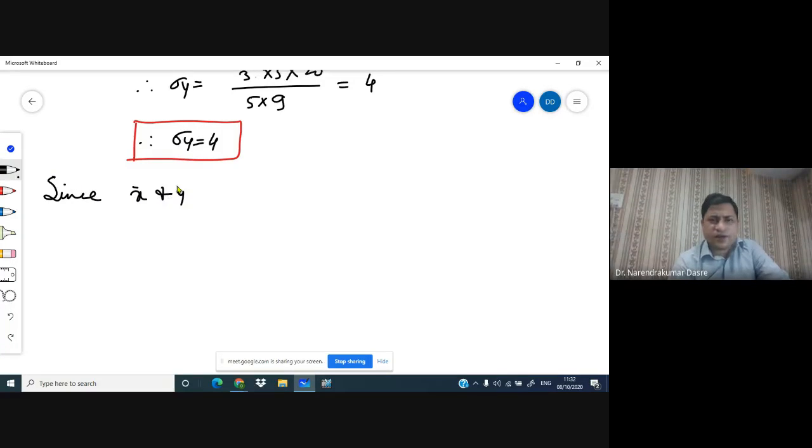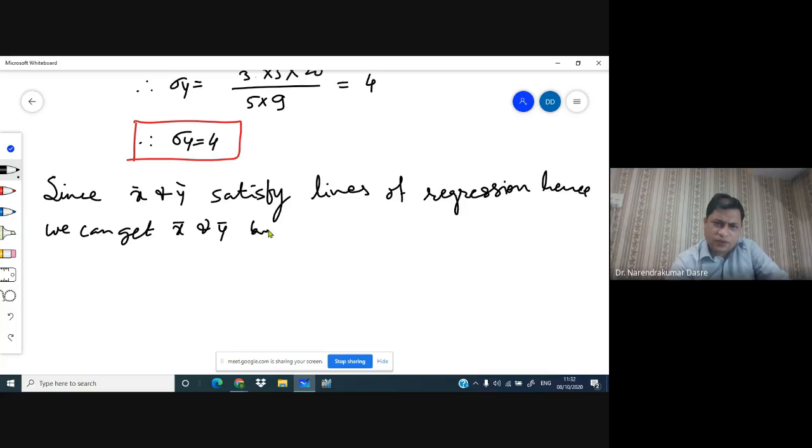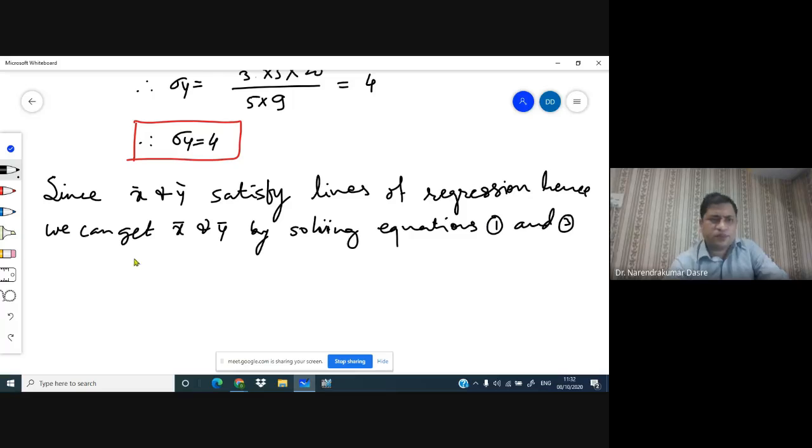Since x bar and y bar satisfy the lines of regression, we can get x bar and y bar by solving equations 1 and 3.